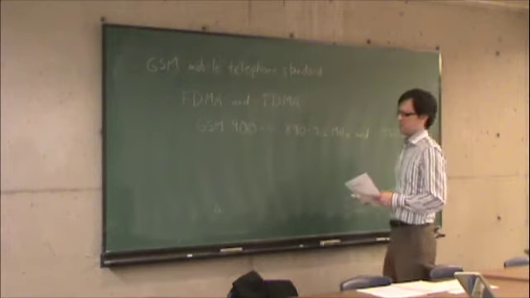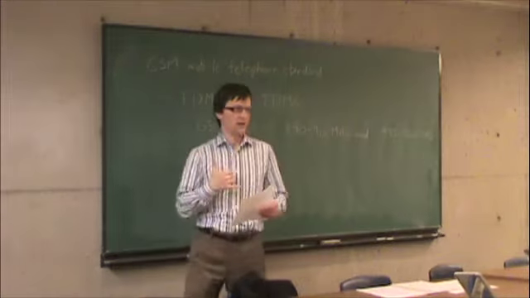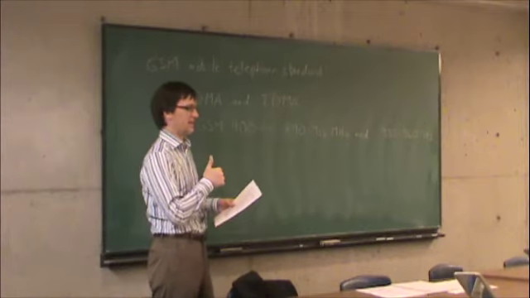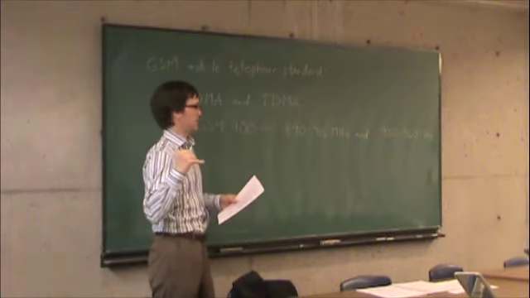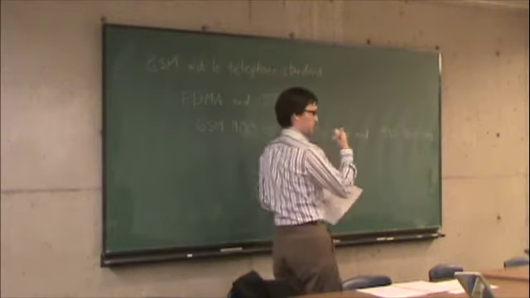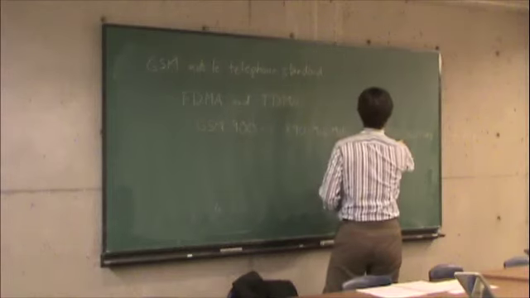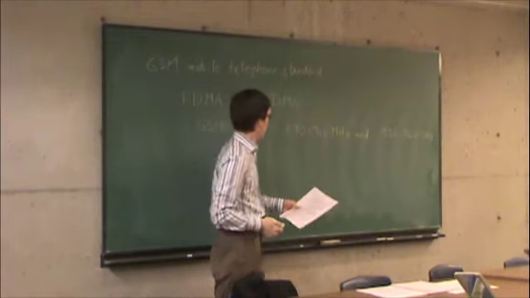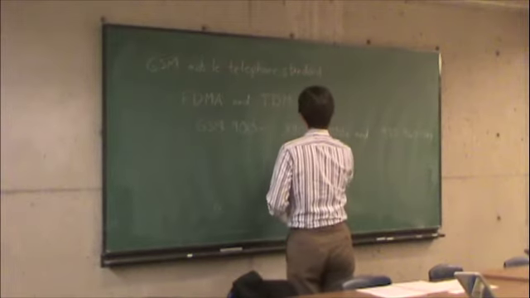When you have a cell phone call, you have an uplink and a downlink. In other words, a telephone link for you to talk and a telephone link for you to listen. I can't remember which is which, but I'm pretty sure this is the uplink, you talking into the cell phone, and this is the downlink, which is you listening. So here we have 25 megahertz.